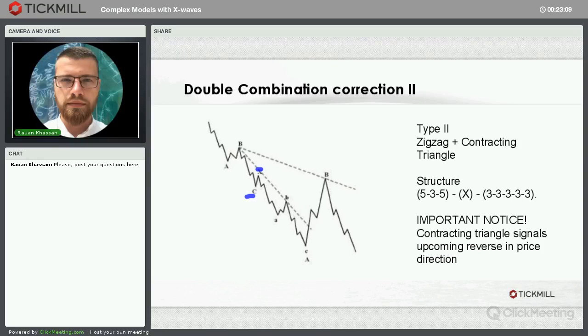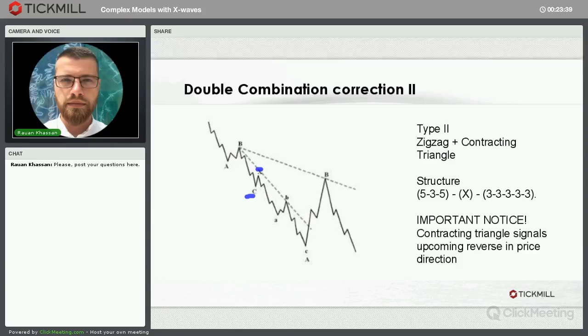In general, double combination zigzag and contracting triangle is even harder for interpretation in real time. The worst case scenario is that a wave of the contracting triangle has a zigzag structure itself, so you can wrongly identify it as a double zigzag.